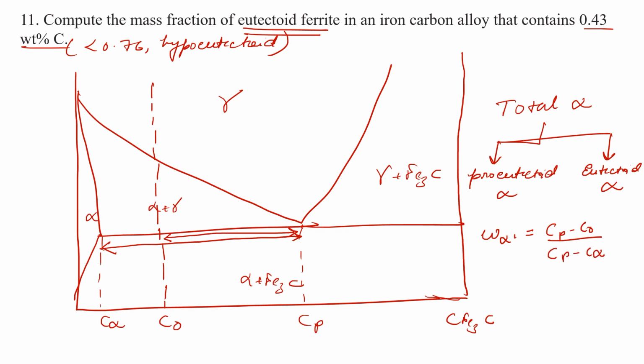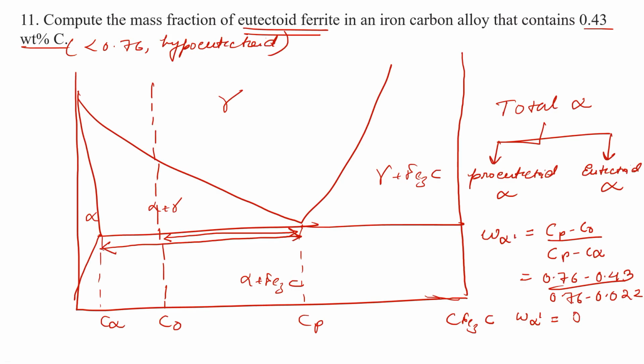This is the pro-eutectoid ferrite composition, and upon evaluating the value, 0.76 minus C naught value, which is given to us as 0.43, divided by 0.76 minus 0.022. That gives me the mass fraction of the pro-eutectoid ferrite as 0.446.